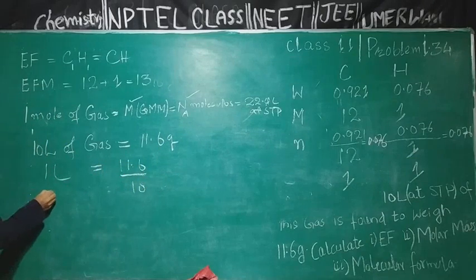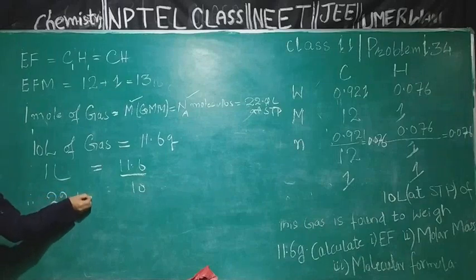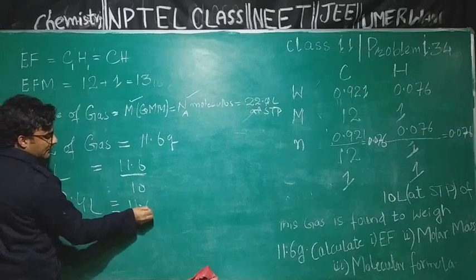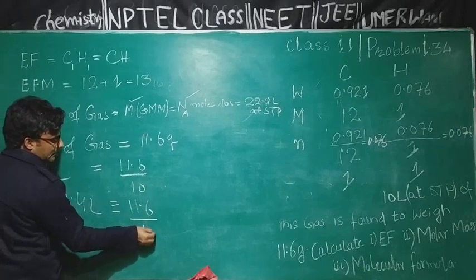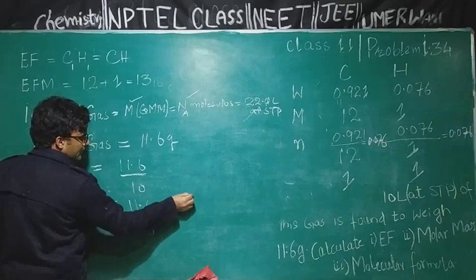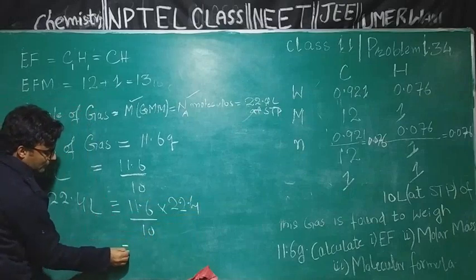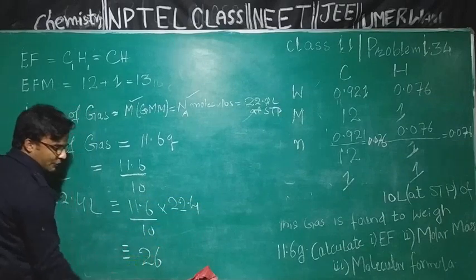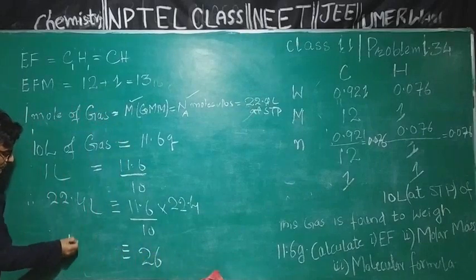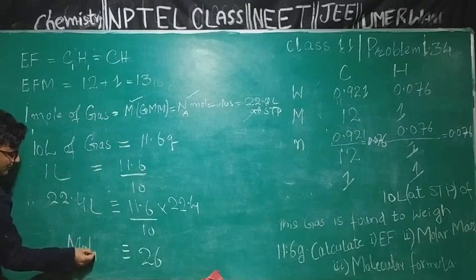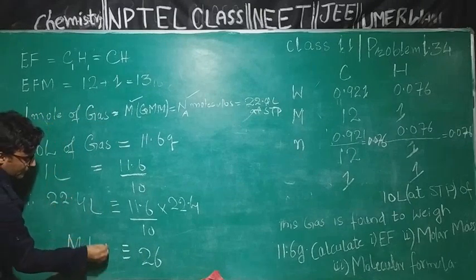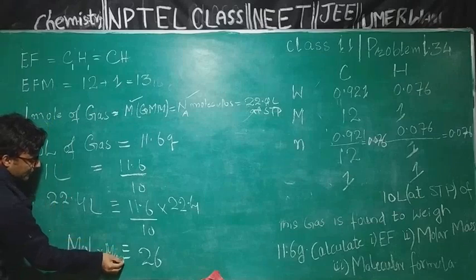Therefore 22.4 liters has a mass equal to 11.6 divided by 10 multiplied by 22.4, and it comes equal to 26 approximately, which is its molar mass, because the mass of 1 mole of gas is equal to its molar mass, represented by capital M.